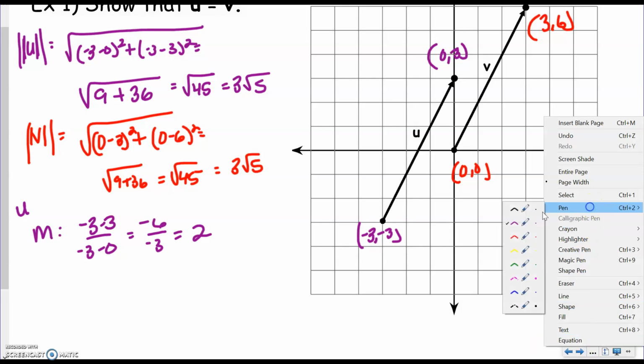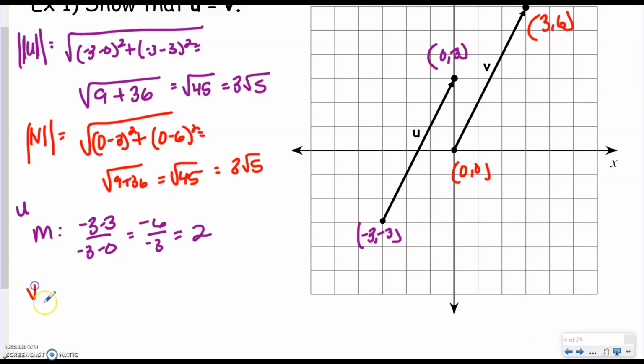And then we are going to find the slope of V. We get 0 minus 6 over 0 minus 3, which is -6 over -3, which is also 2. So we just showed that U and V are equal because they have the same slope and the same magnitude. Be really careful to make sure they're also going the same direction. So notice we're starting here and going to the upper right-hand corner of our graph for both of these vectors.